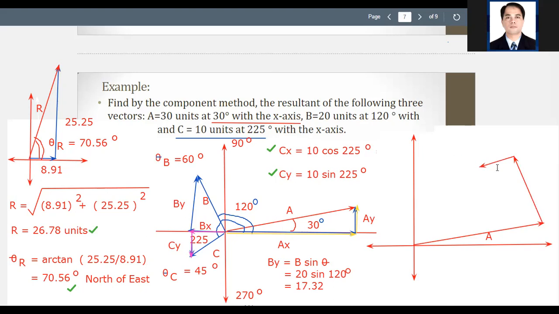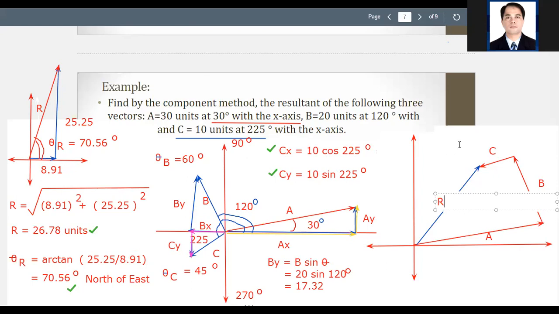So this is B on this side, and this is your vector C on this end. Then the question: where is our resultant? Let's color it blue. It will appear like this. So that's our resultant R.